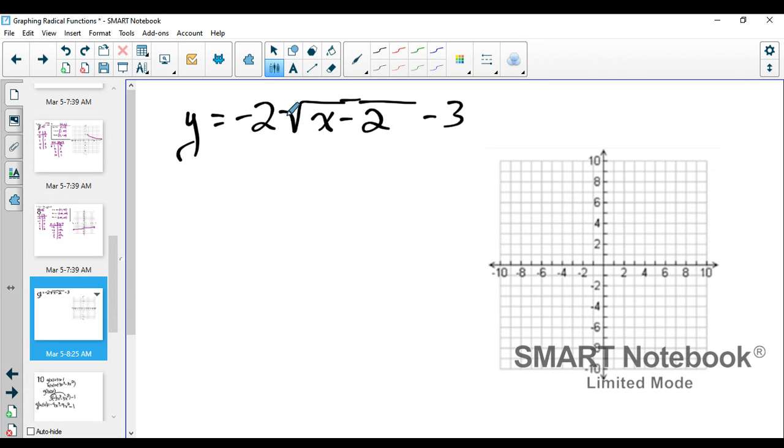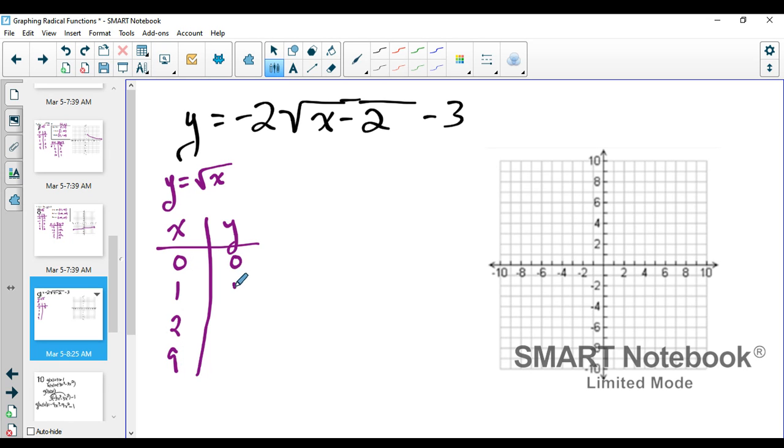So we have y equals -2 times the square root of x minus 2, minus 3. So our parent function is the square root of x. Get that table from the first slide. So 0, 1, 2, and 9, and 0, 1. Don't know why I keep putting 2 there.